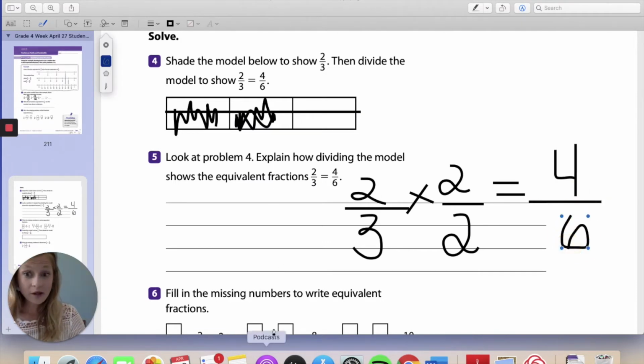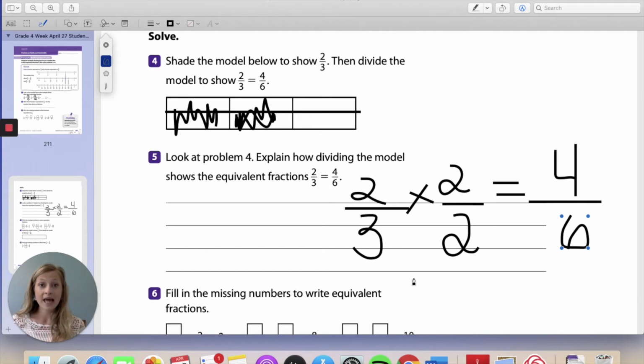Now I still want you to write your explanation here, but it's just a reminder that it's the same as multiplying the numerator and denominator by 2/2, which gives us 4/6. So hopefully that was a good little review about finding equivalent fractions.